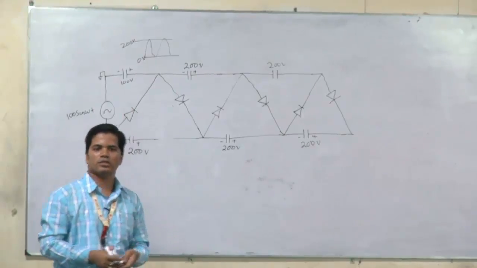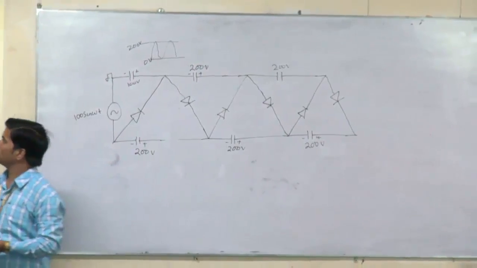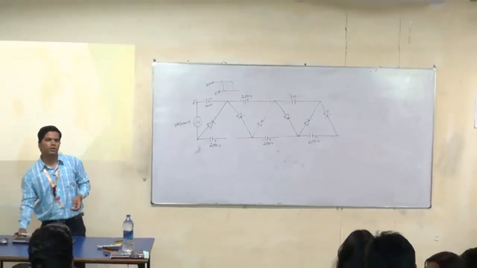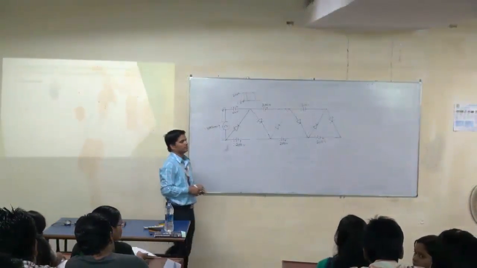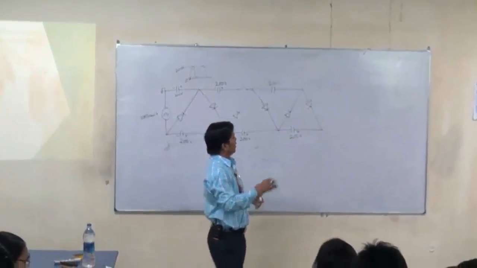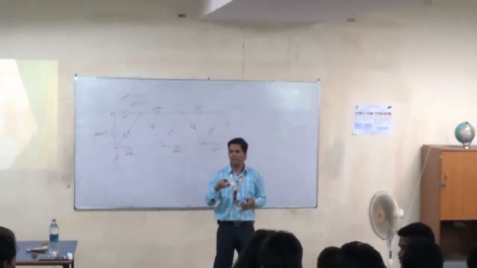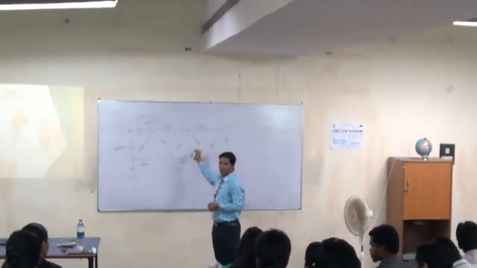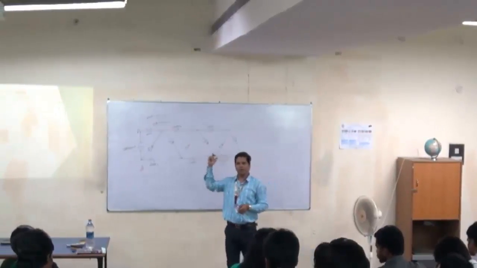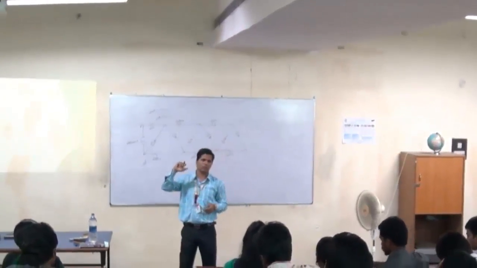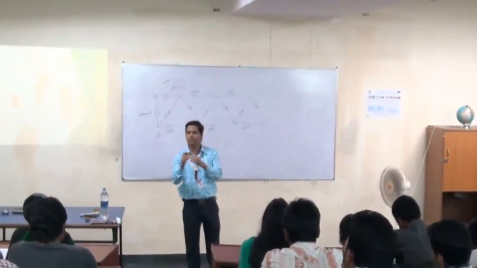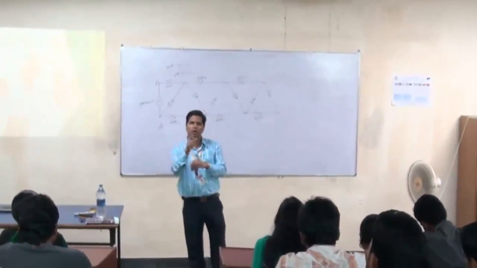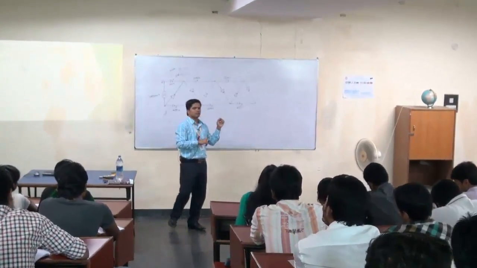Okay, so this is all about the voltage doubler and the voltage multiplier circuit. Here, as I said, in case of the voltage doubler circuit, as our number of stages is very small, we will not have that much loss.